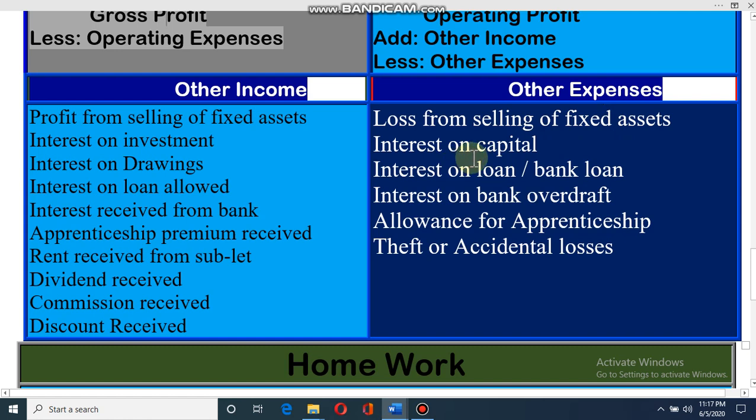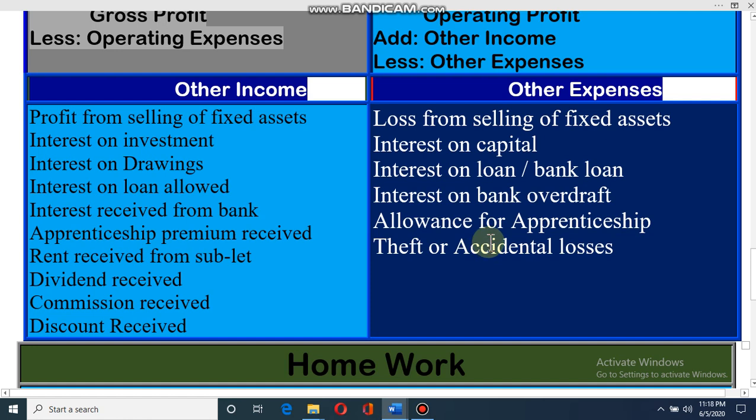That means if your owner would like to get some interest from his investment, that is interest on capital, that is also another expense. Then interest on loan, bank loan. Dear student, allowance for apprenticeship. That means if you give any allowance to the trainee, to the apprenticeship, then it is your expense. Then theft or accidental loss.